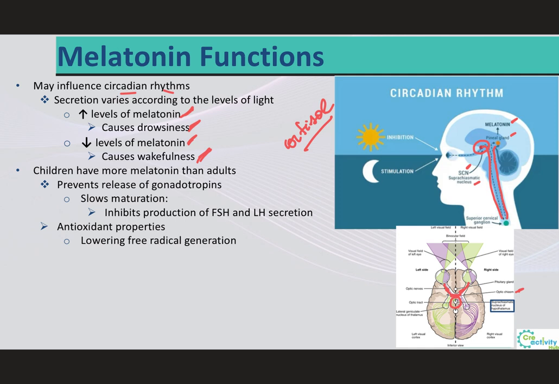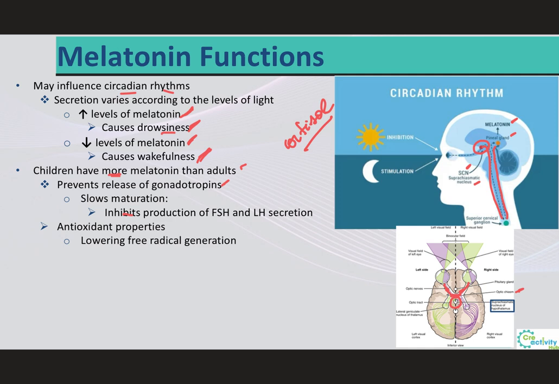which is drowsiness. Now, interestingly, children do have higher melatonin levels than adults, which may prevent the release of gonadotropin from the anterior pituitary, and this will inhibit the onset of puberty.